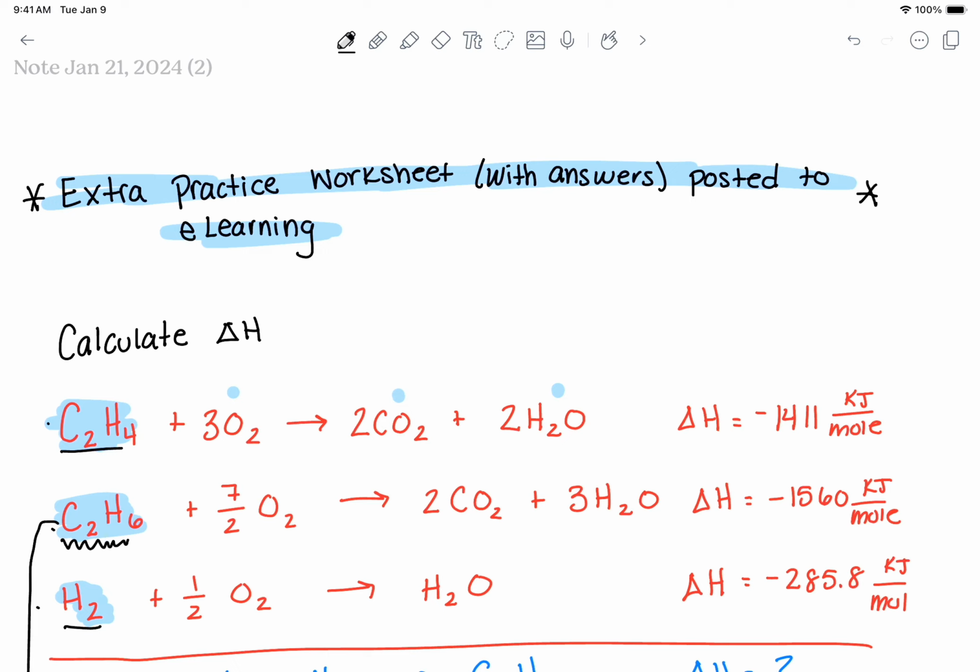Do those steps, double check that everything cancels out, double check that your final reactants and products are still present and in the correct molar amounts. Add up your delta H's with the appropriate signs, and then you've solved the problem. Once you've done that for each of the 2 examples that are left in the worksheet posted on eLearning, then you can check your answers with the answer key that was also provided.